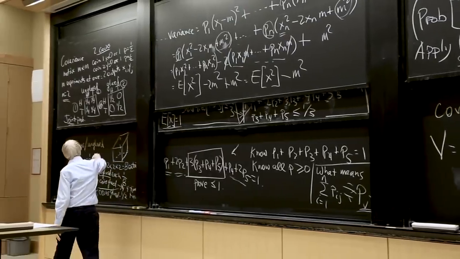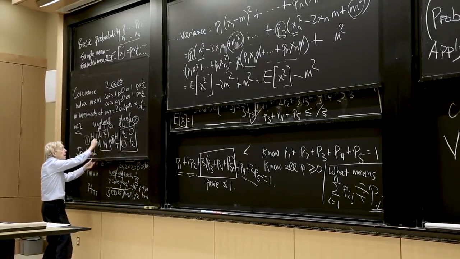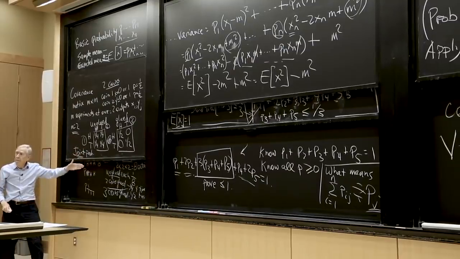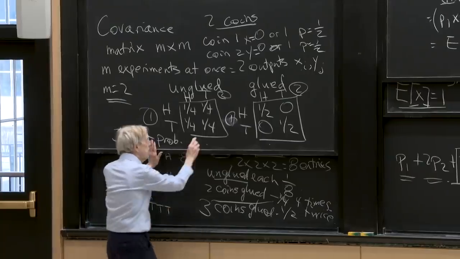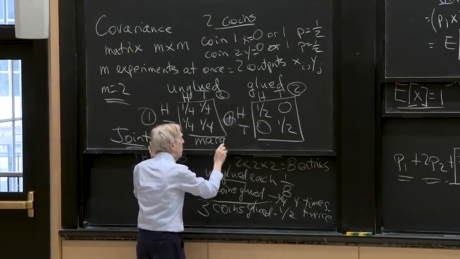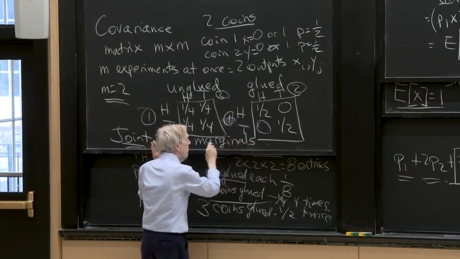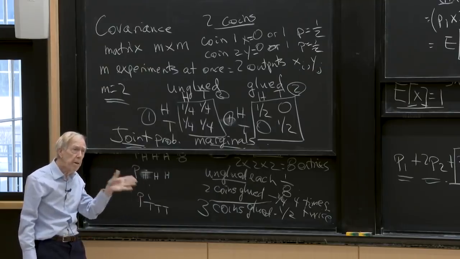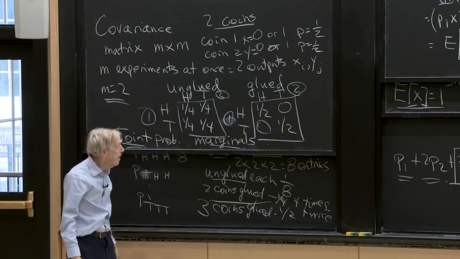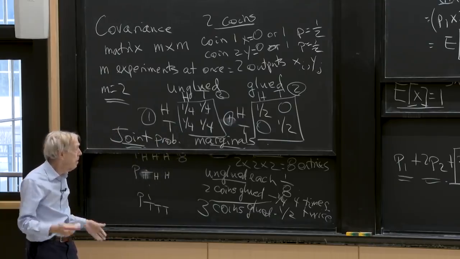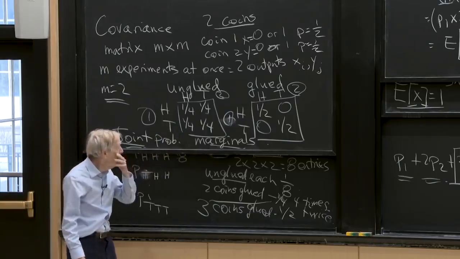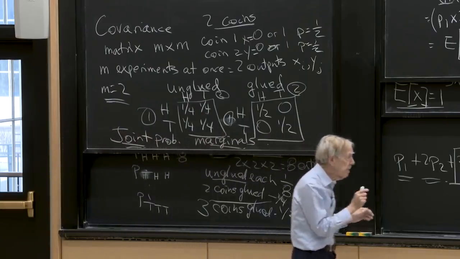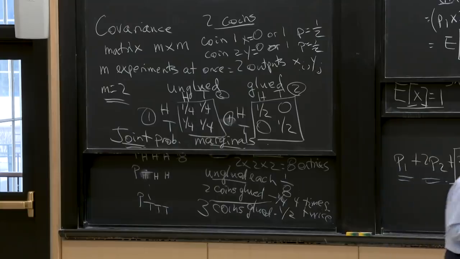In my matrices, I would be adding up along a row or adding up down a column. Those are called the marginals of the joint probabilities. So the marginals would be the individual probabilities, Pi and Pj, in the case of two experiments going on at the same time. Everything today has been sort of straightforward, but it's different.